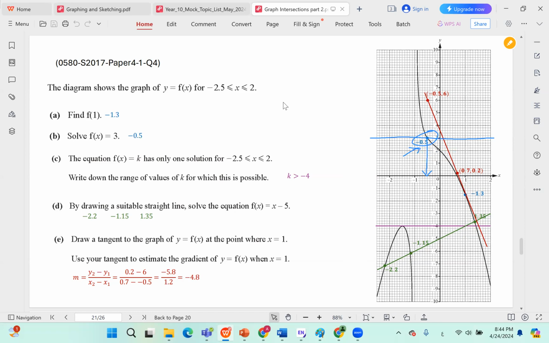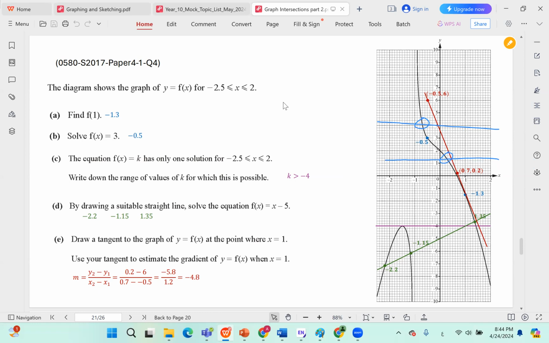For C, we are told the equation f of x equals k has only one solution. Write down the range of values of k for which this is possible. So again, we want to draw a horizontal line that cuts the curve only once. So in order to do that, let's try a couple of different lines. This line, for example, cuts the curve only once. This line cuts the curve only once. Just focus on the black curve.